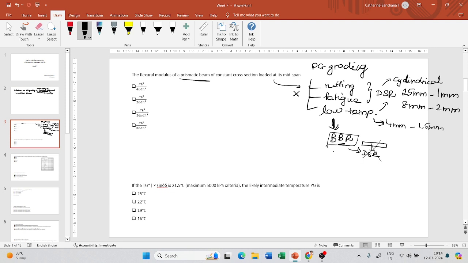Now, as the name says, it is a beam, a prismatic beam. If you see this beam, it is simply supported at its ends. We all have some basic knowledge of strength of materials, so we know what a simply supported beam is.